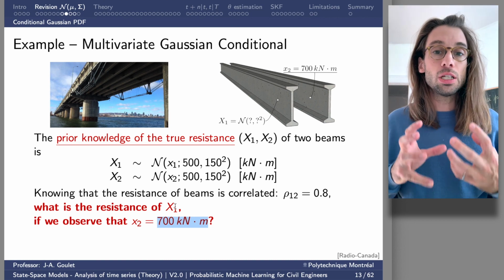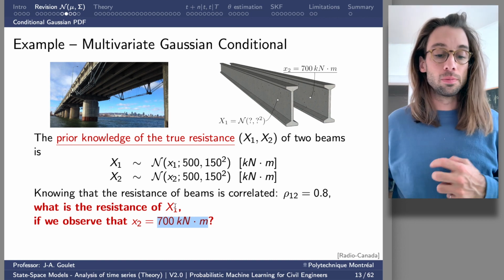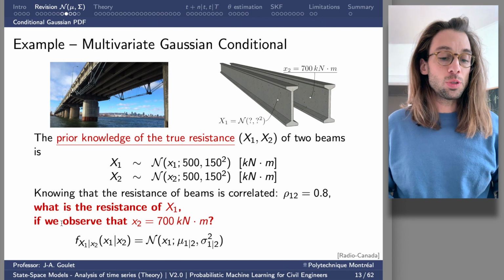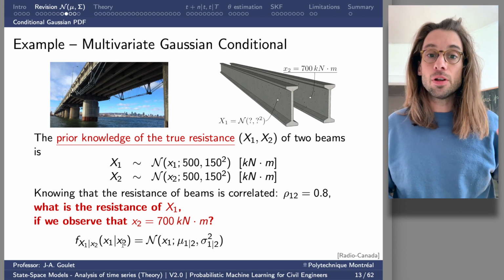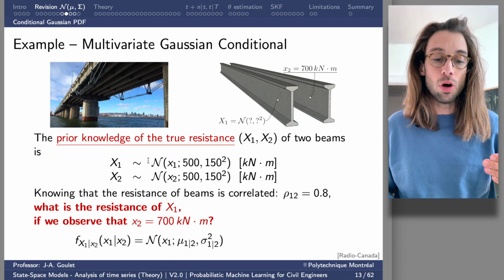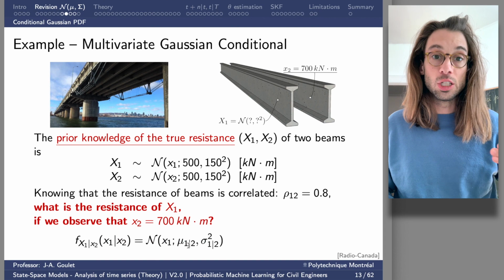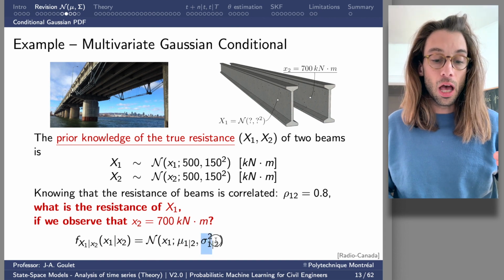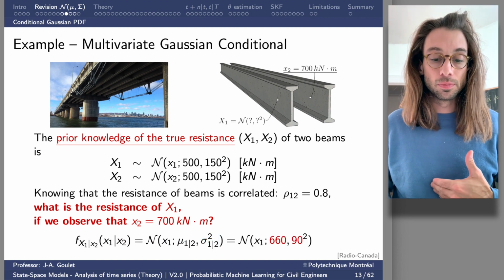We're going to explore this through Gaussian conditionals. We're going to express that Gaussian conditional: how does observing x2 modify my prior knowledge for x1? Prior knowledge is expressed here. And this is going to be through the conditional expected value and conditional variance.